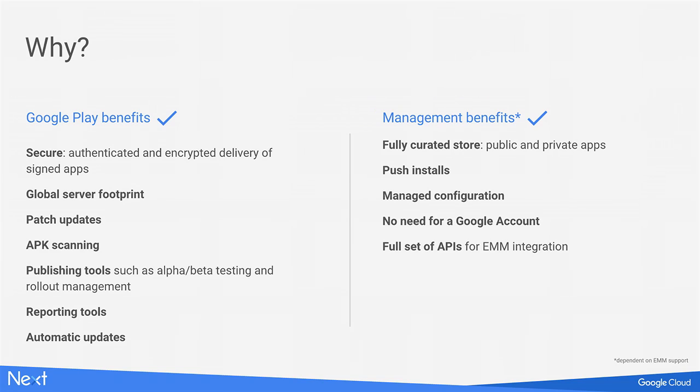We provide comprehensive publishing tools. I'm also going to talk more about that in a minute. Reporting tools, things like seeing how quickly the app is being installed out to users, crash reports, and so forth. And updates are deployed automatically in a sensitive way to both battery and bandwidth.